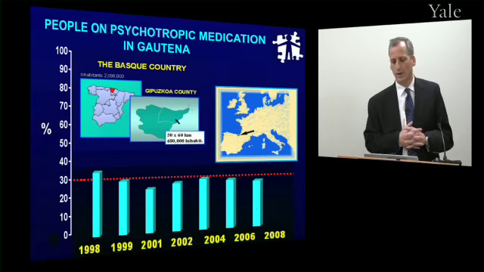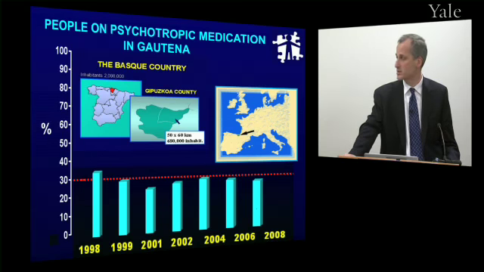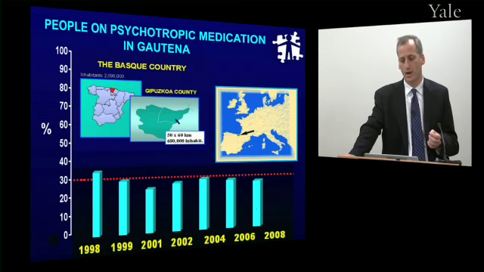Now, this is a snapshot of the United States. If we look around the world, and this is just one example, this is from Spain, from the Basque region of Spain, that happens to have a very good cradle to grave system of treatment for autism.